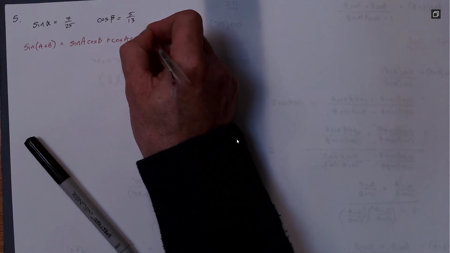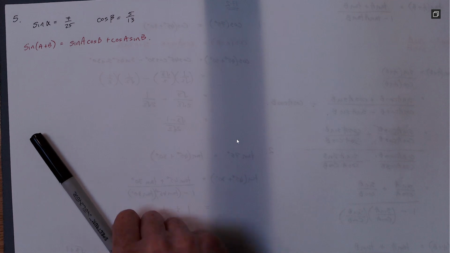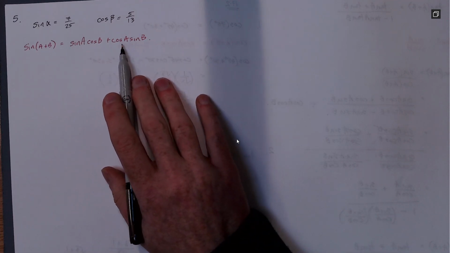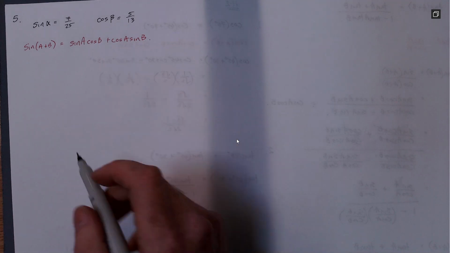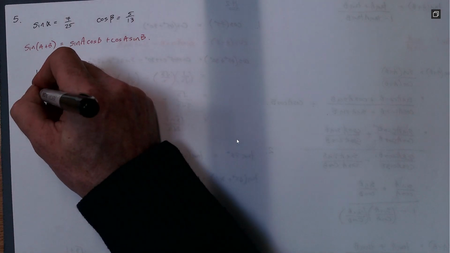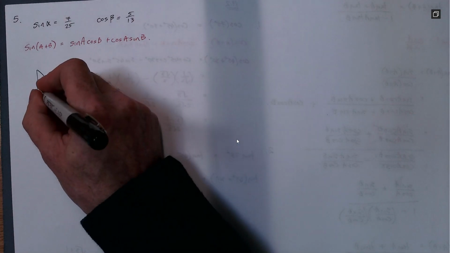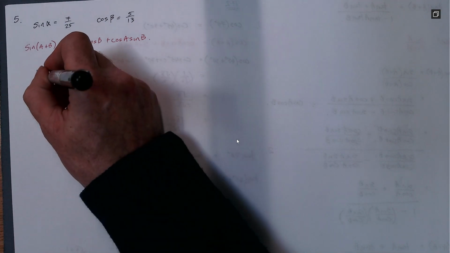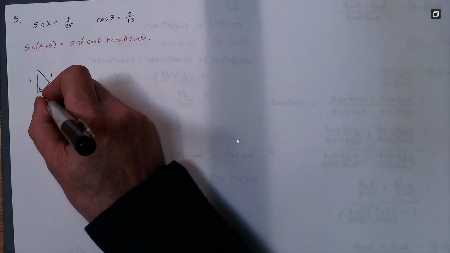So to use this formula, we need sine alpha and cos alpha. Because it is an acute angle, it is a right-angled triangle. For the angle alpha, we have the hypotenuse, the opposite and the adjacent.